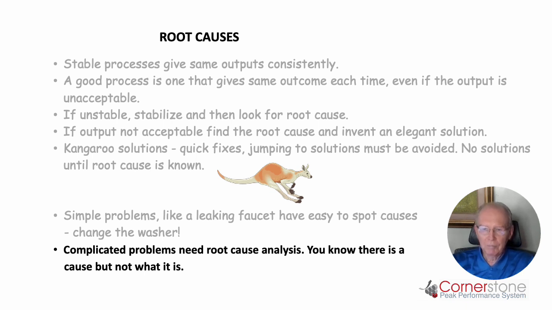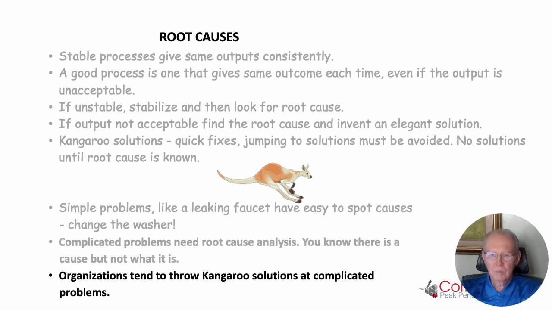So those are in complex situations, but 99% of the problems that we face in businesses when it comes around to being able to achieve the results you're looking for are complicated problems. I've mentioned this before, but it's worthwhile mentioning again, that organizations tend to throw kangaroo solutions at complicated problems.